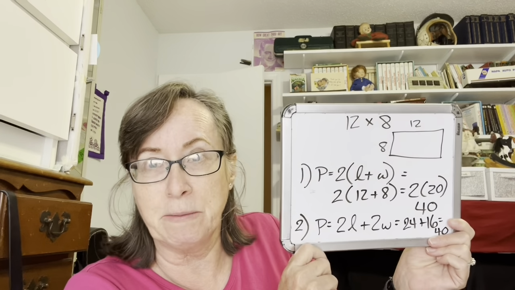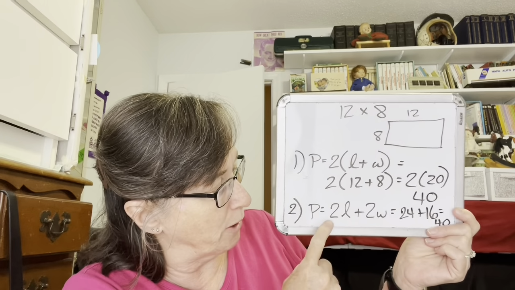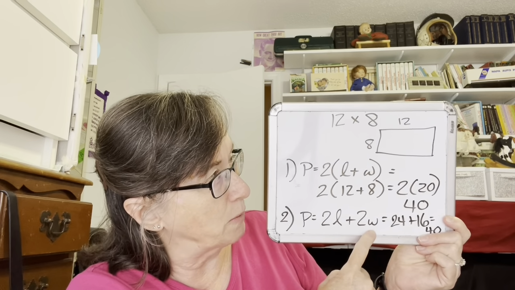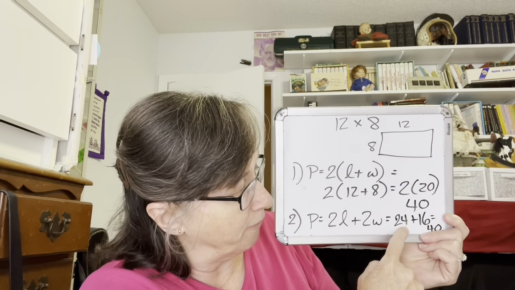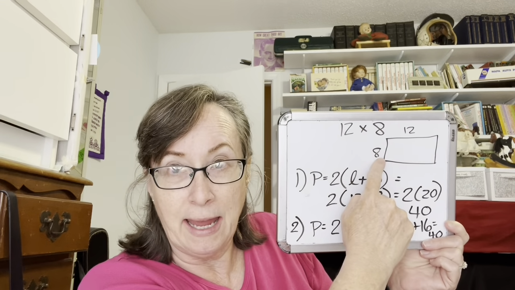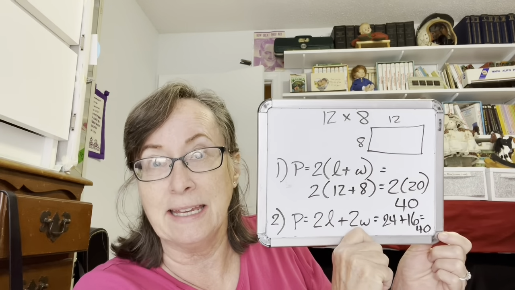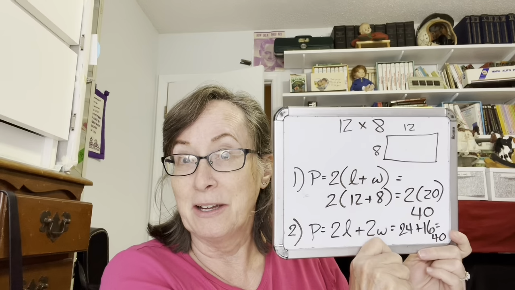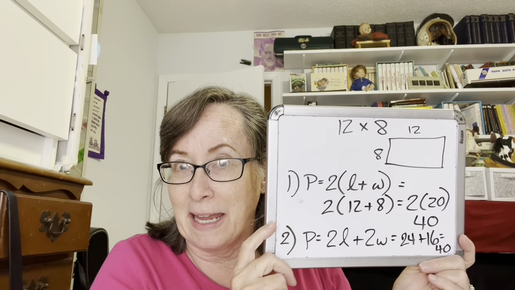Okay, hopefully we get the same answer when we do it with the other equation. Perimeter is twice length plus twice width. Twice 12 is 24. And twice 8 is 16. And 24 plus 16 is indeed going to be equal to 40. So it makes sense that we get the same thing both ways.